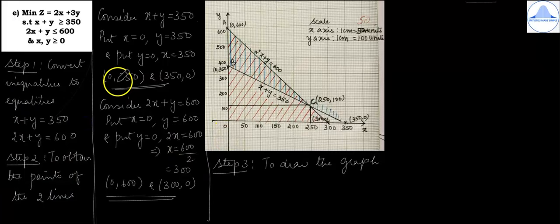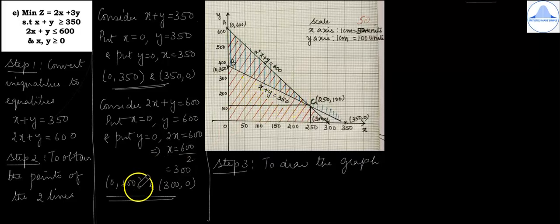So now mark the first point, that is 0, 350. This is the exact middle of 300 and 400, that is here. And then you mark 350, 0. On the x-axis, here you have 350, so it's 350, 0. Then join the points 0, 350 and 350, 0 by a straight line, and on that line you write x plus y is equal to 350.